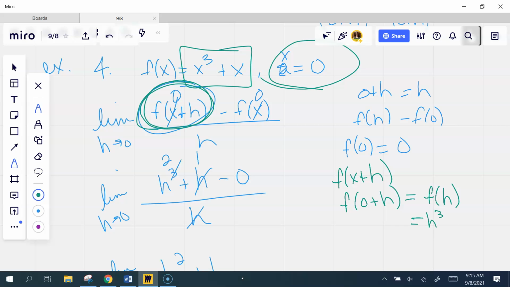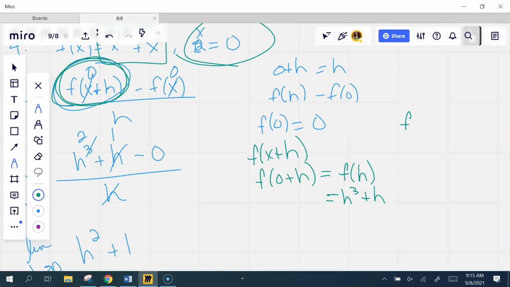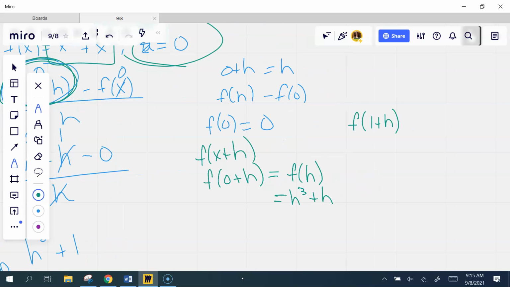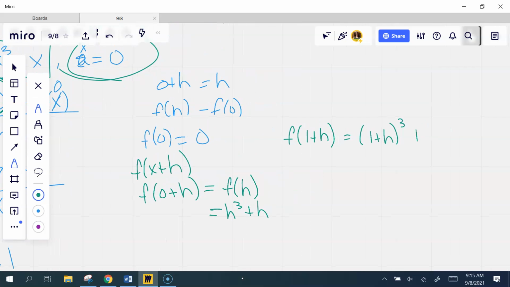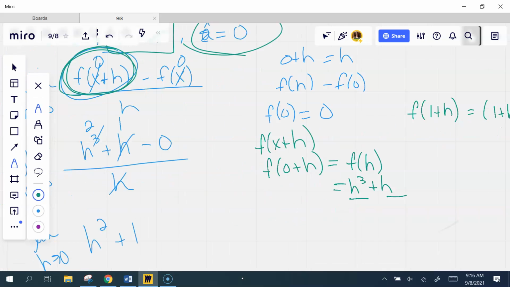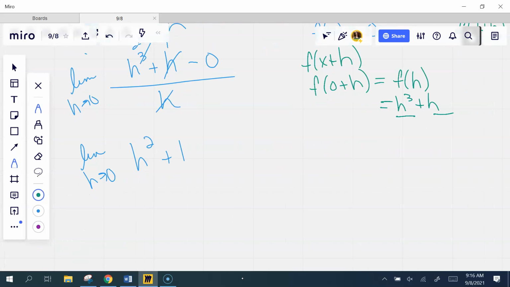This would be h cubed plus h. Now let's pretend that x is not 0. If that x had been a 1, then it would be 1 plus h to the third plus 1 plus h. But that would be a double FOIL situation. You FOIL it twice.